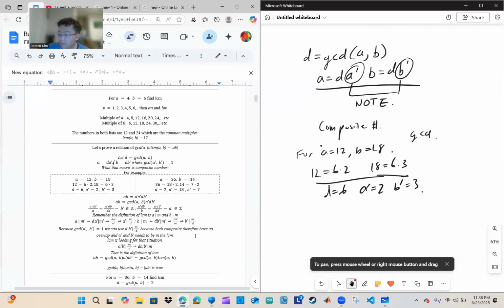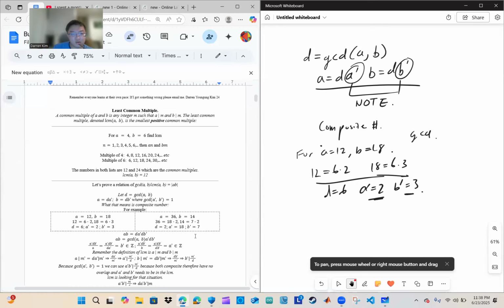These are composite because they form the final numbers. Something is wrong.